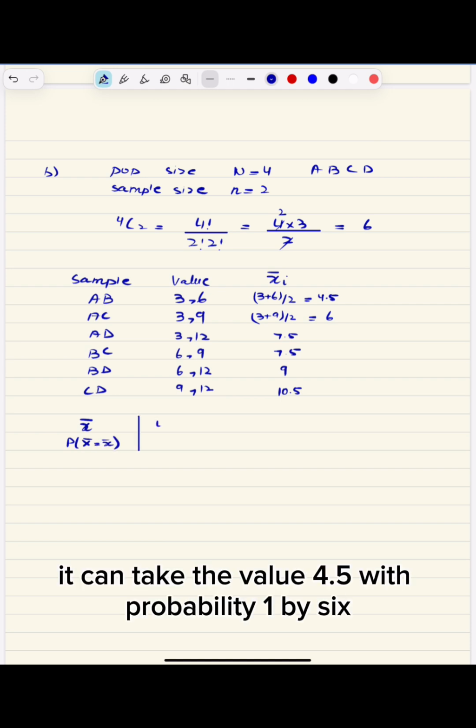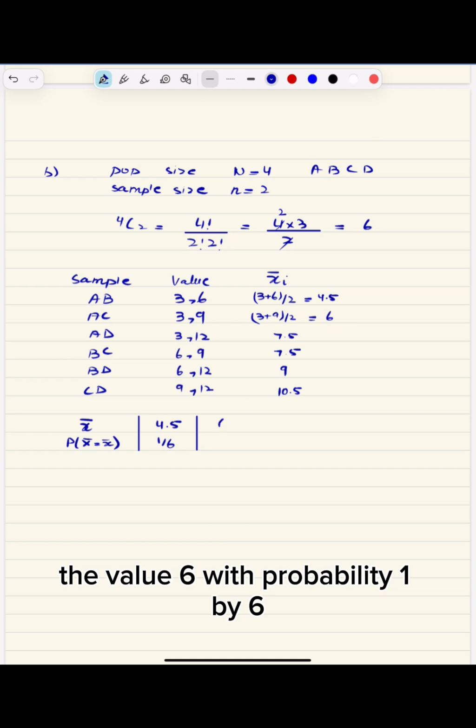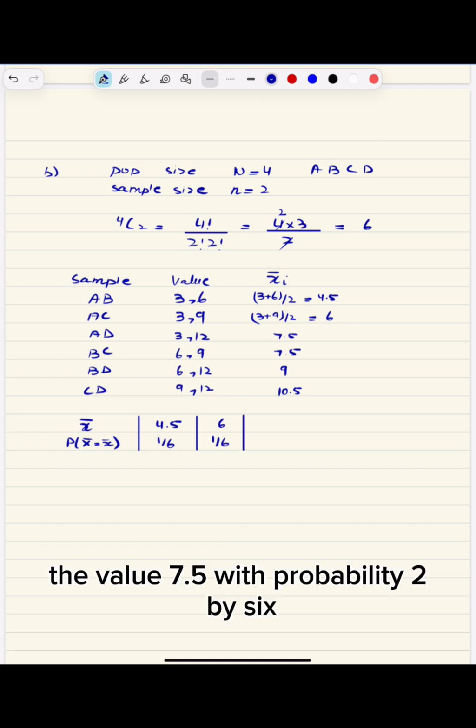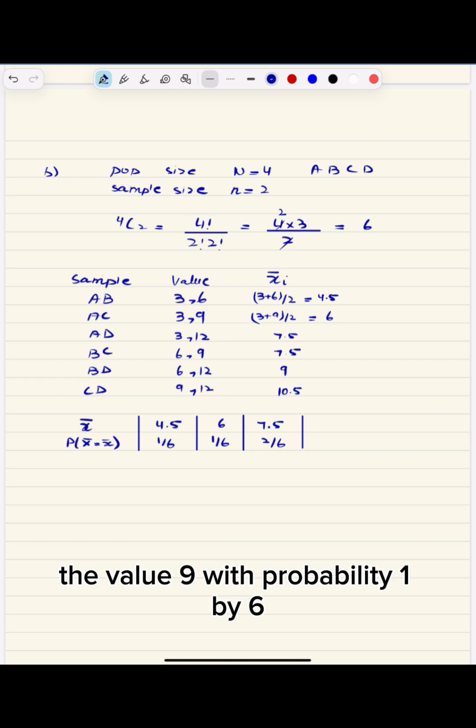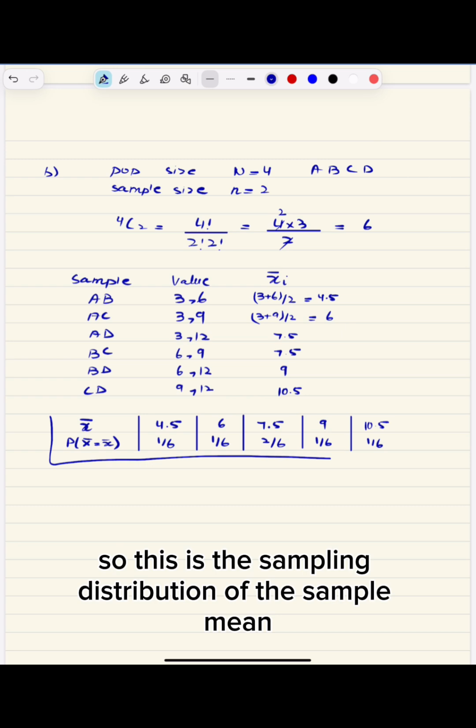It can take the value 4.5 with probability 1 by 6, the value 6 with probability 1 by 6, the value 7.5 with probability 2 by 6, the value 9 with probability 1 by 6, and the value 10.5 with probability 1 by 6. So this is the sampling distribution of the sample mean.